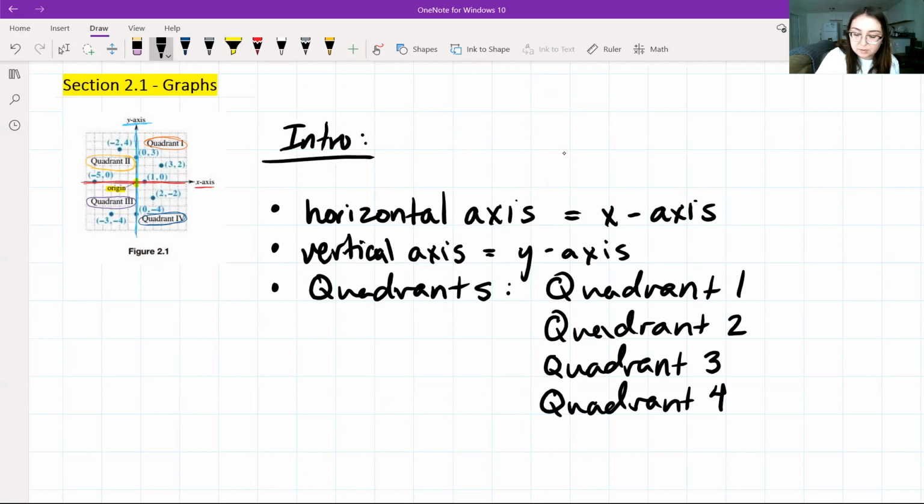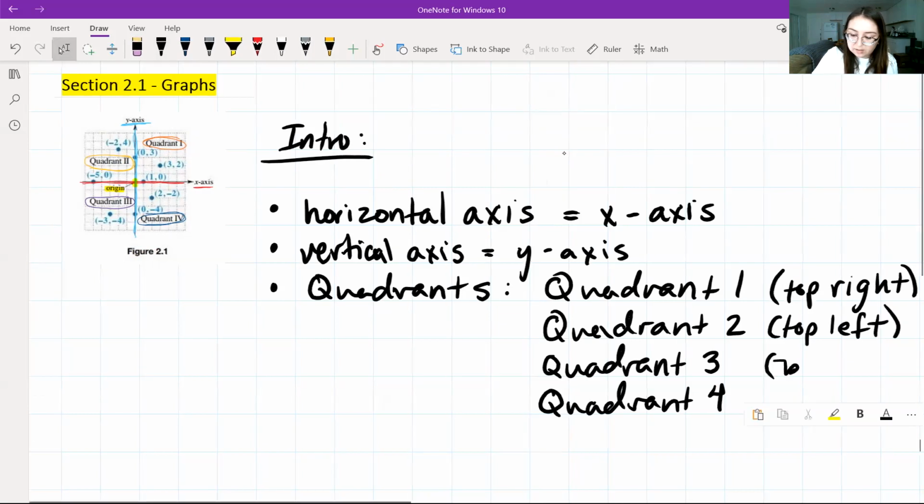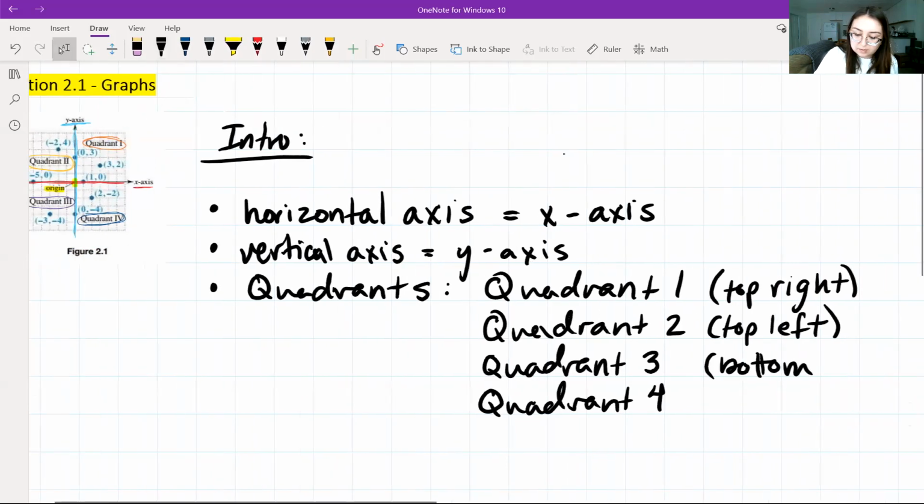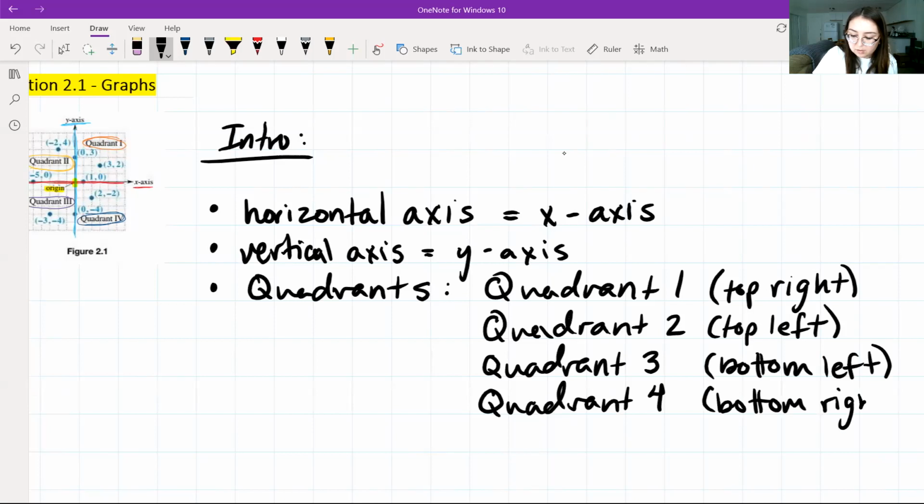And like we said before, quadrant 1 will be in the top right. Quadrant 2 is the top left. Quadrant 3 is the bottom left. And quadrant 4 is the bottom right.